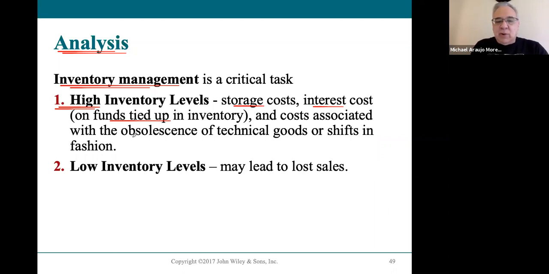And then, of course, inventory can get old fast in some cases, right? Either technology changes or fashion changes, and boom, what you thought was great today is out of favor tomorrow because something new and exciting has hit the market. So too much inventory costs money and it weakens profits for sure.